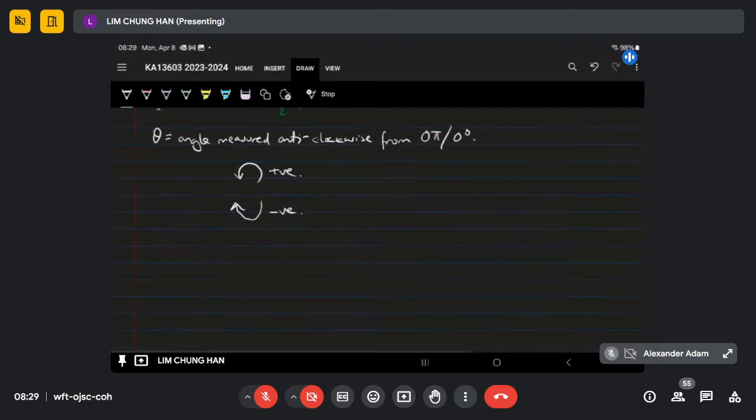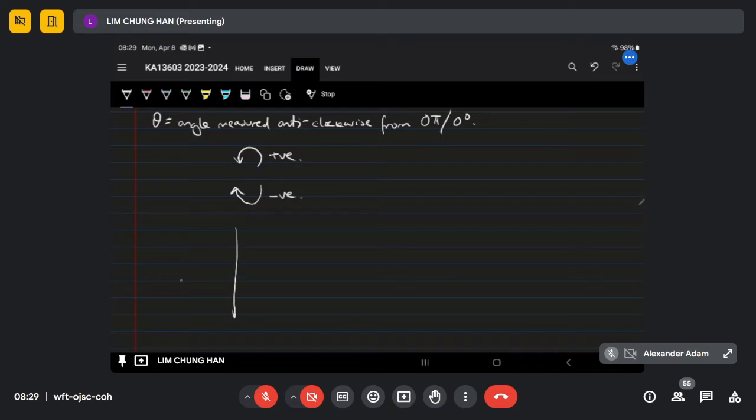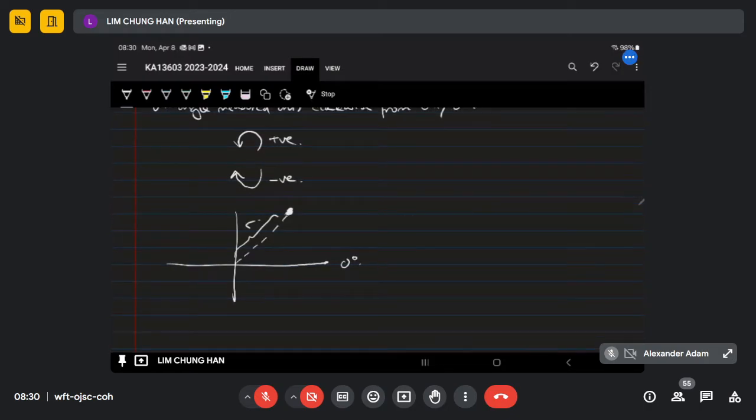Now, what about R? Let's say I'm measuring the distance of that point there, and it gives me a value of R. If I flip it to the other side here, then it becomes negative R. So R can also be negative if you flip it to the other, mirrored side by 180 degrees.